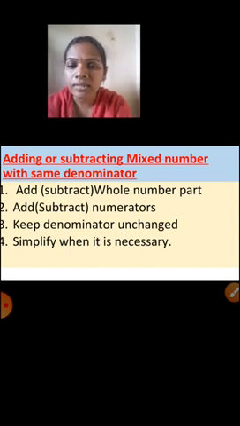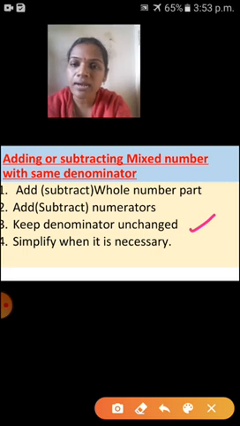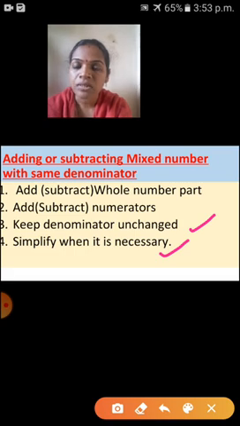The second step is add numerators. Third step is, see here children, keep the denominator unchanged. That same denominator only you have to write. And next, simplify when it is necessary. So children, first you have to write whole numbers together and fraction parts together.